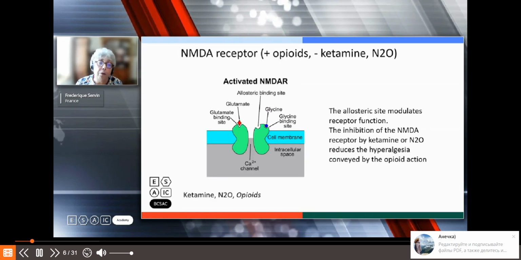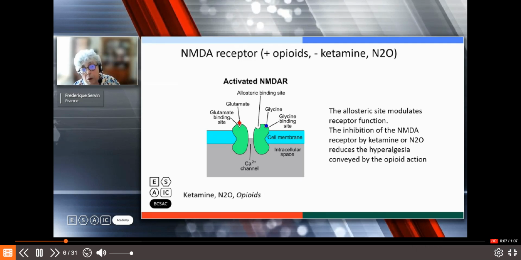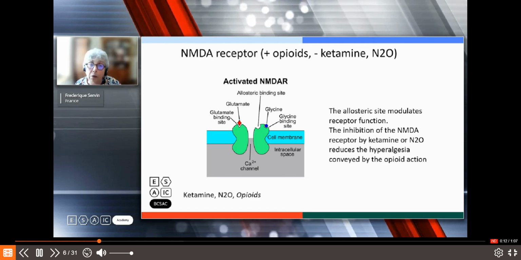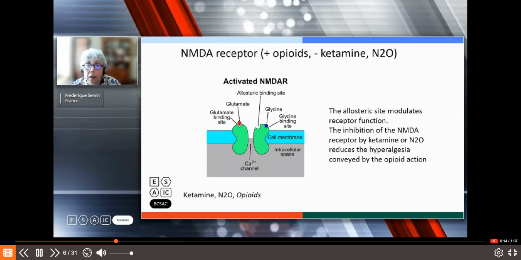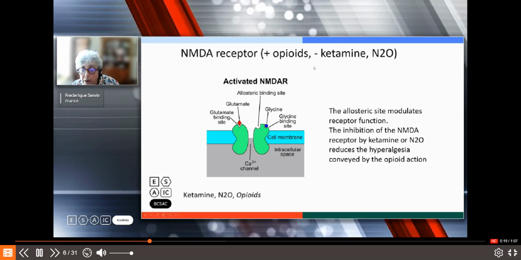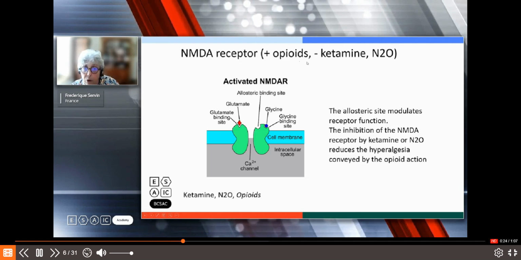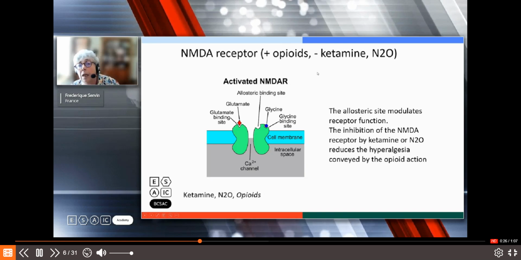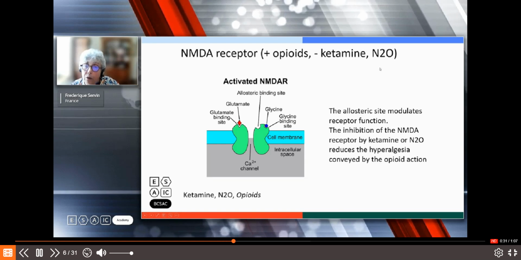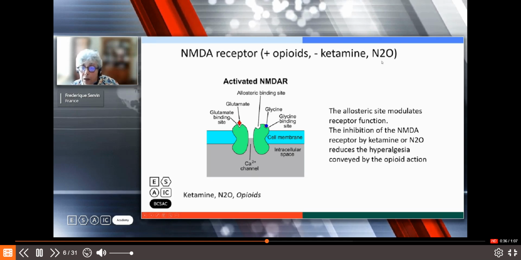There is another very important receptor, which is the NMDA receptor, a glutamatergic excitatory receptor. It links two categories of drugs in anesthesia: the opioids, and this is an unwanted effect leading to, for example, tolerance and hyperalgesia. And it also links a specific category of sedative drugs, which are ketamine and nitrous oxide.